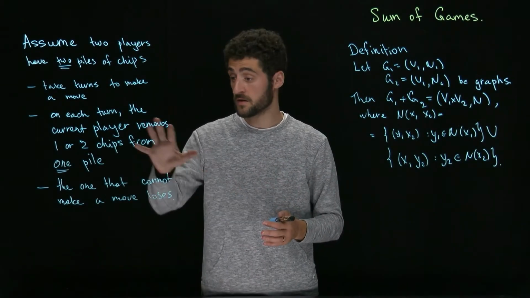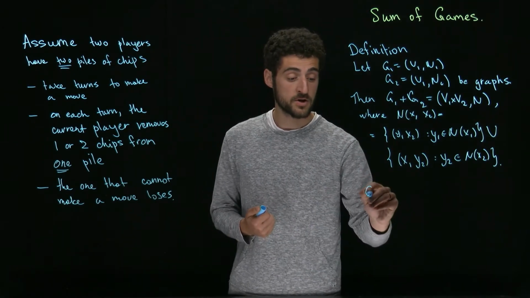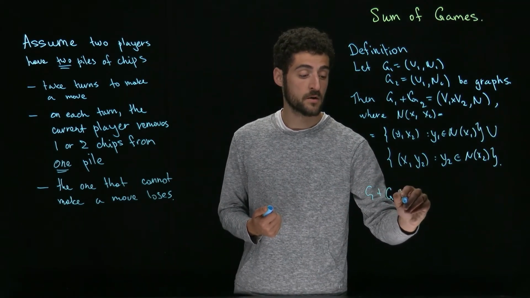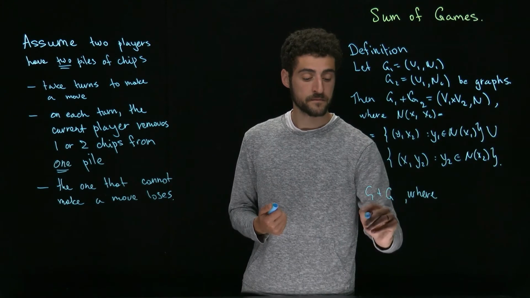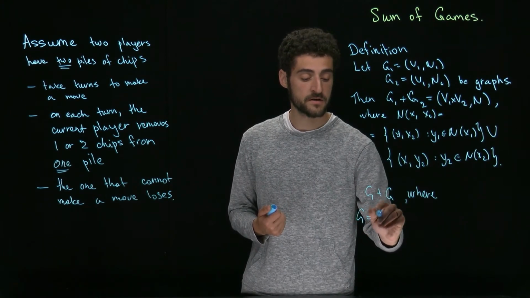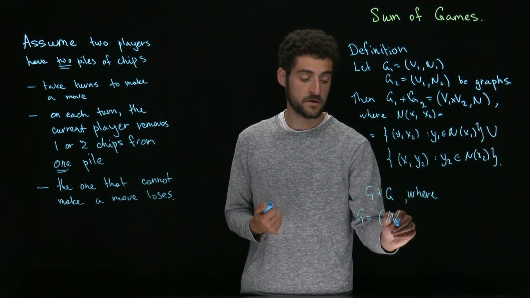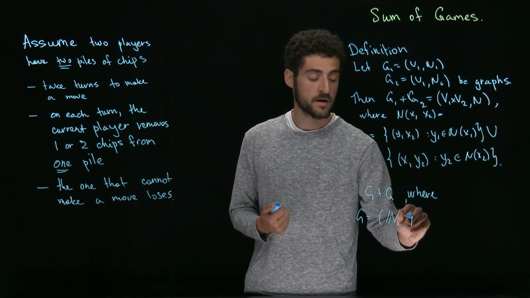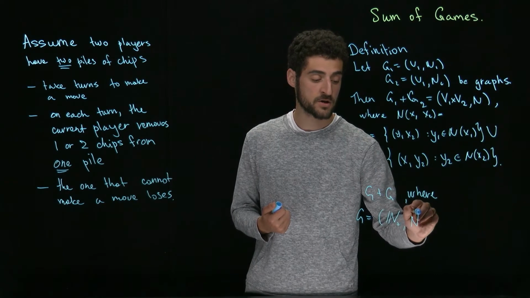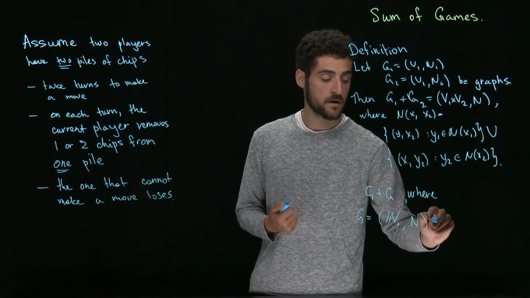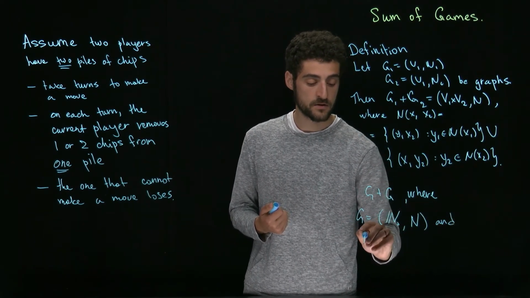It's easy to see that this game is a sum of G and G, where G is a game where the set of vertices is equal to the set of non-negative integers, and the neighboring function is defined as follows.